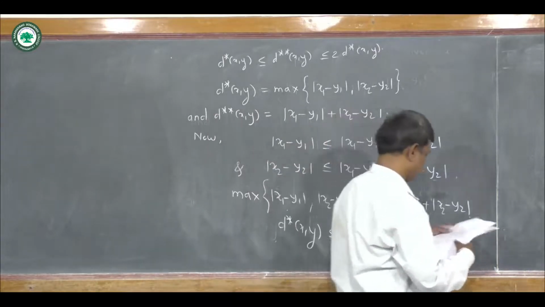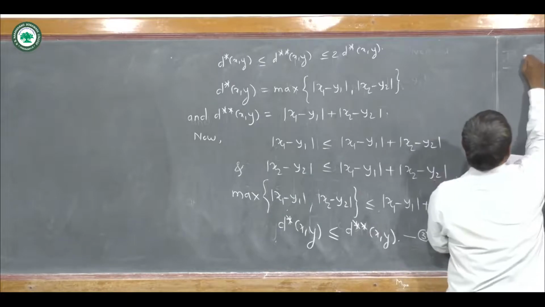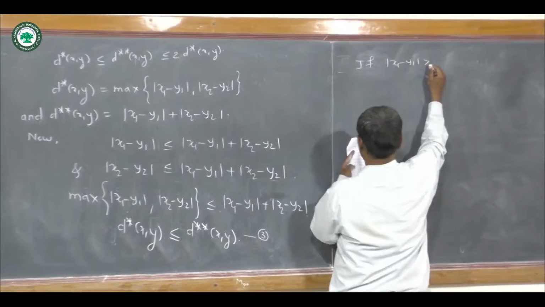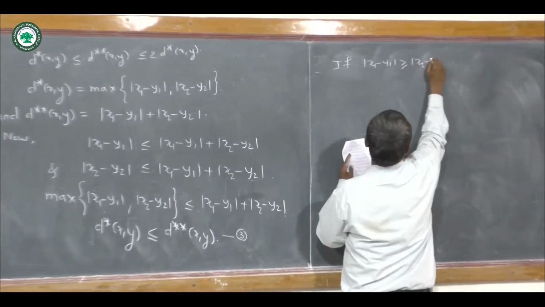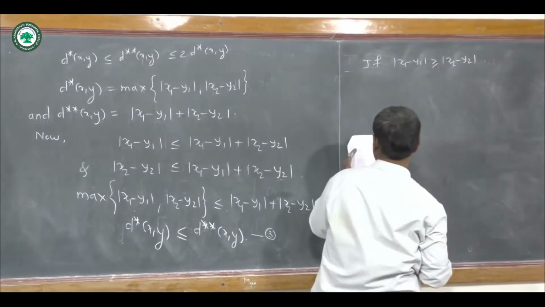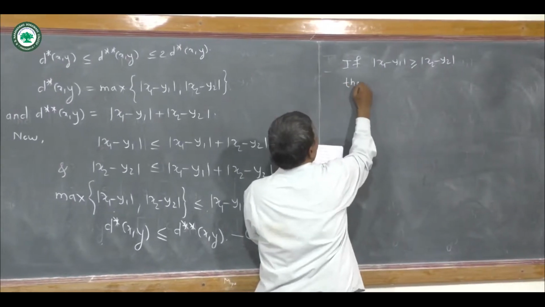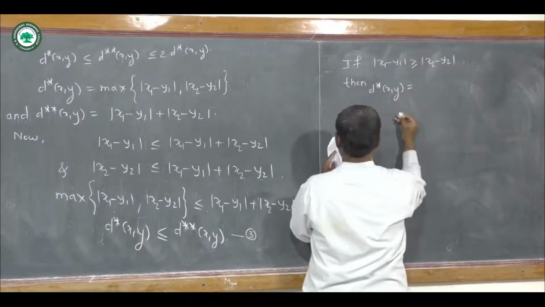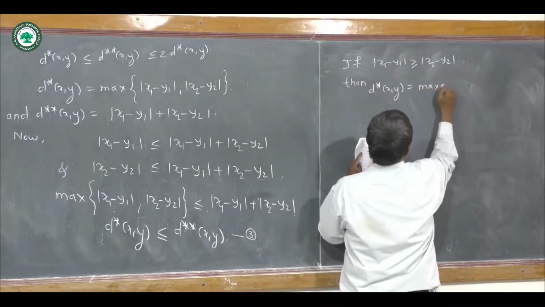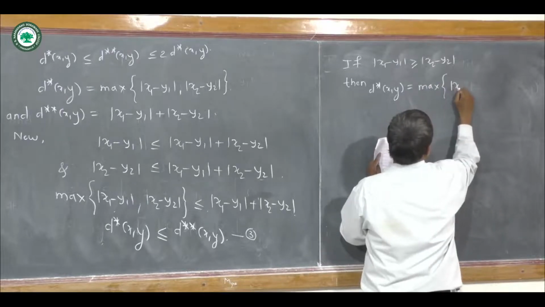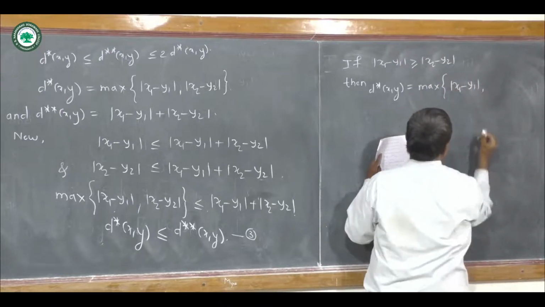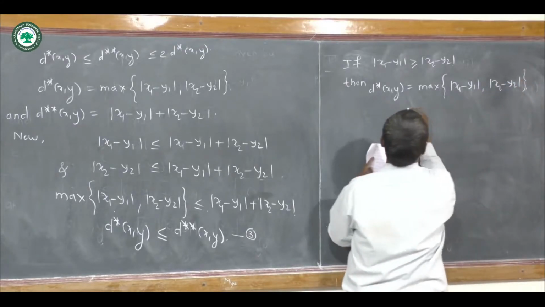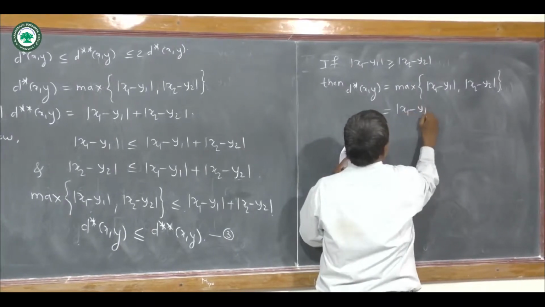Now using this, if absolute value of x1 minus y1 is greater than or equal to absolute value of x2 minus y2, then d star of x comma y is equal to the maximum value of absolute value of x1 minus y1 comma absolute value of x2 minus y2, which is equal to absolute value of x1 minus y1.